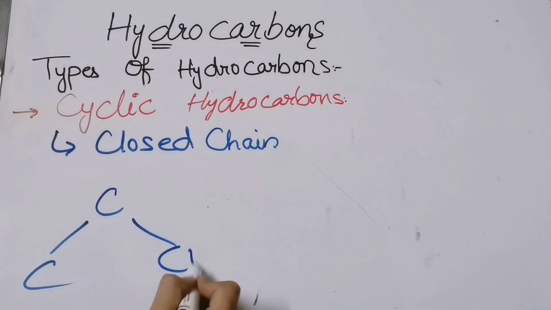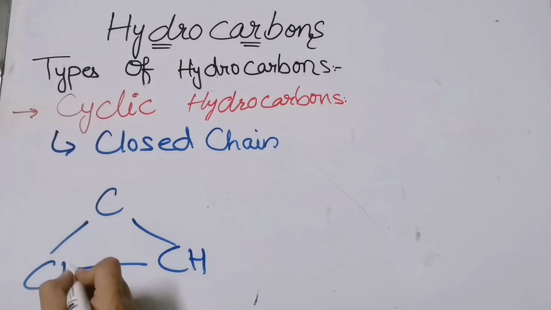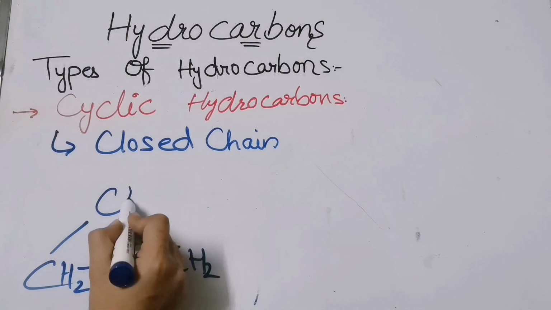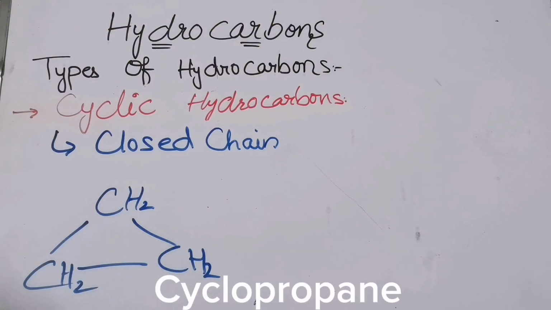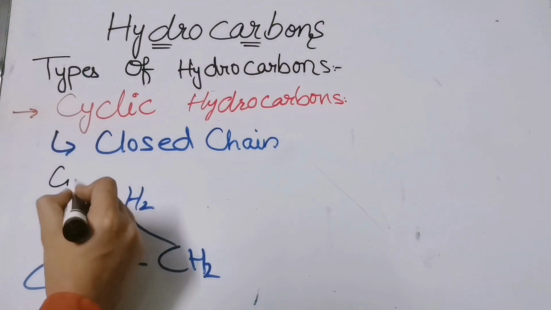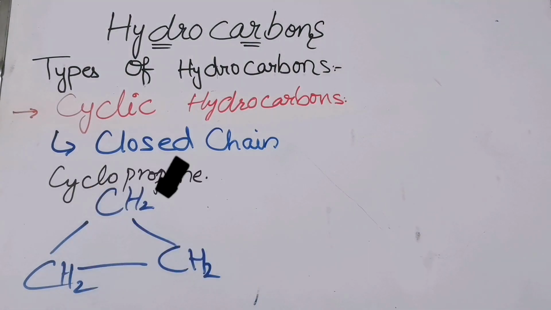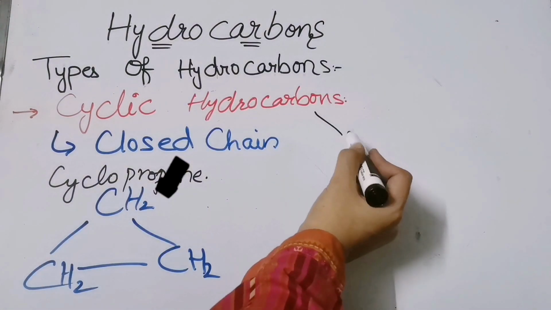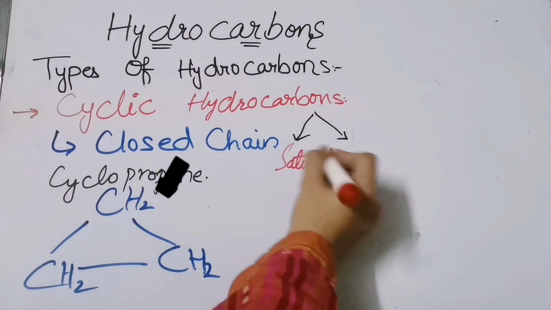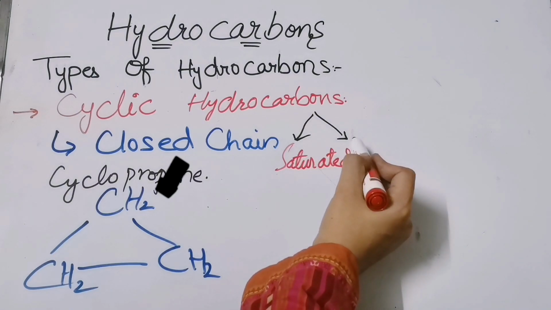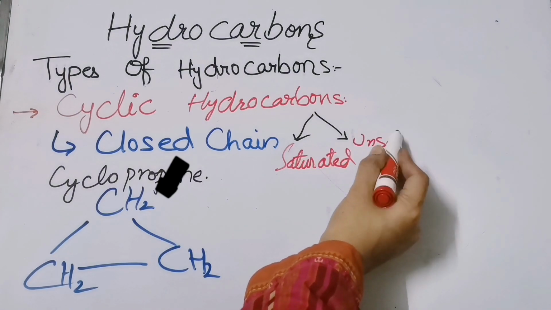It will be, this is cyclopropene. But as we have studied the saturation and unsaturation in aliphatic hydrocarbons, the same will be the case for the cyclic hydrocarbons. They can be saturated or unsaturated.